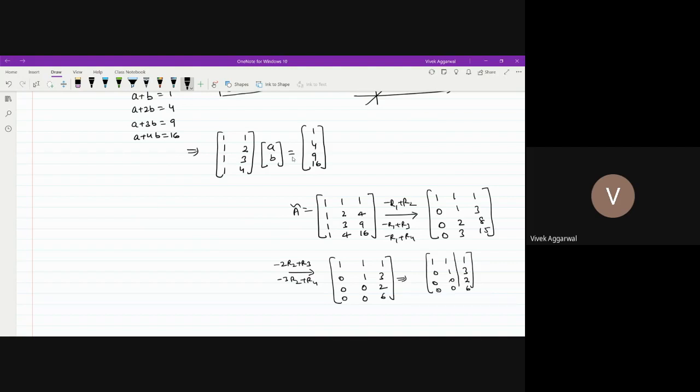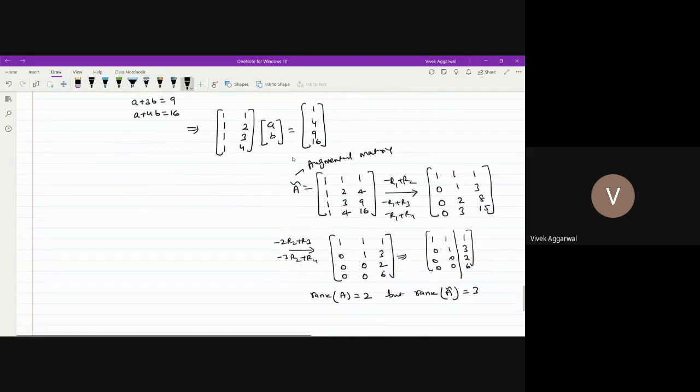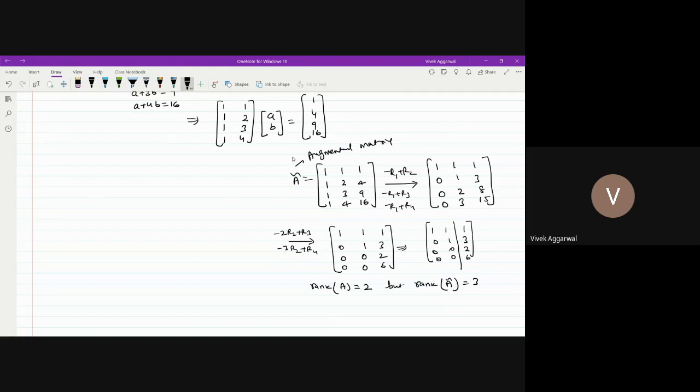So you can see from here that the rank of the matrix A is 2, but the rank of the augmented matrix is 3. So from here you can say that this system is inconsistent.